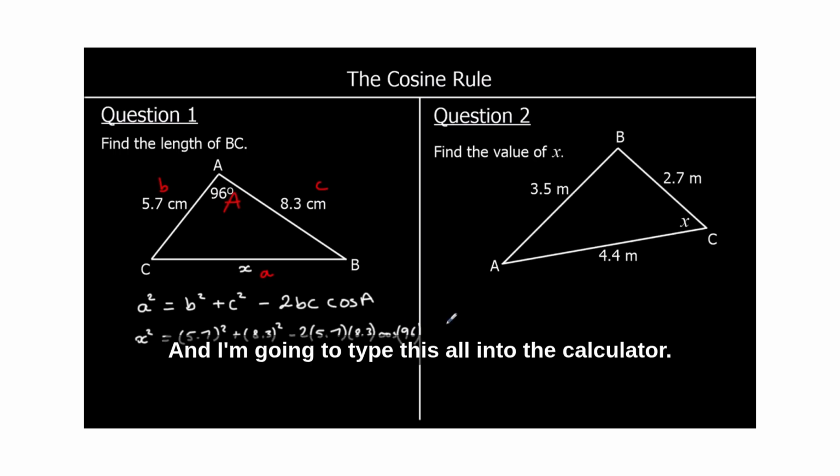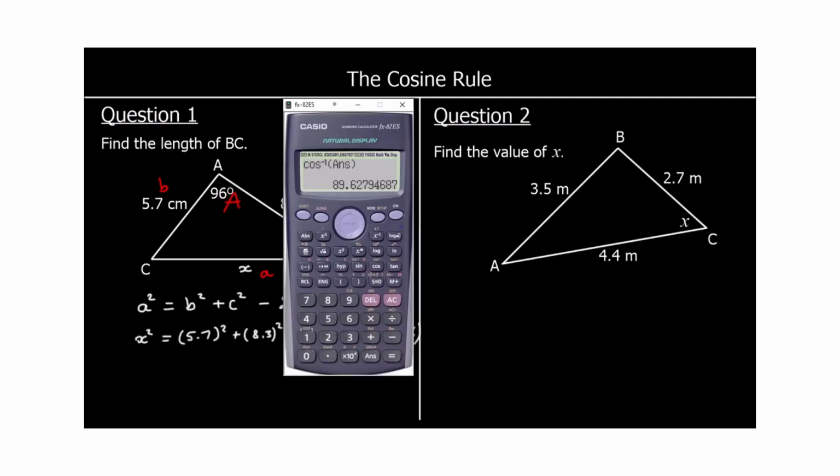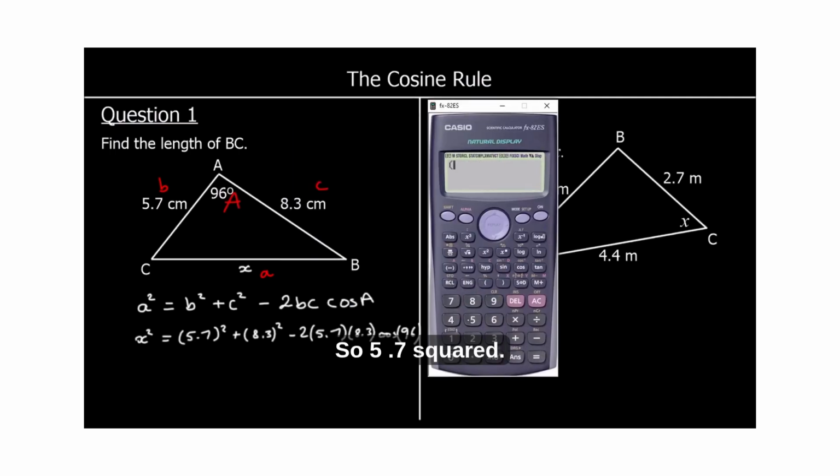And I'm going to type this all into the calculator. So 5.7 squared plus 8.3 squared minus 2 times 5.7 times 8.3 cos 96. So I've got 111.27.